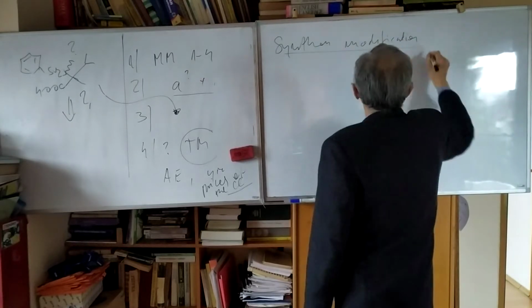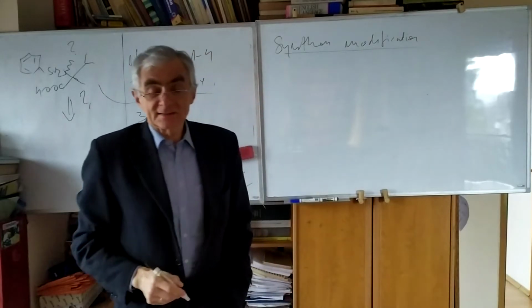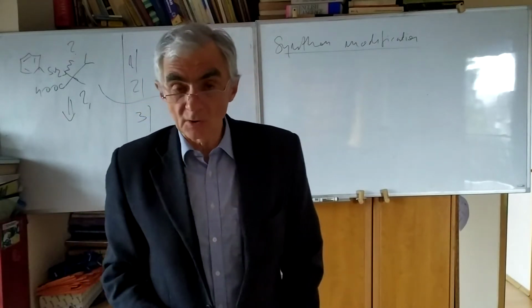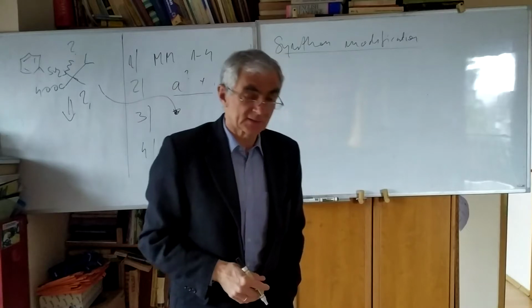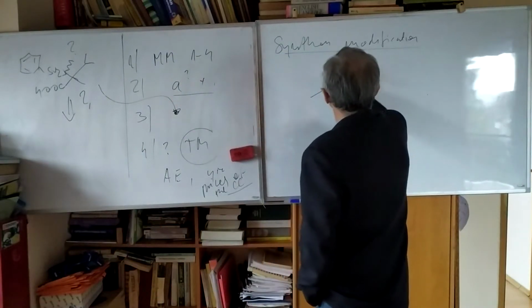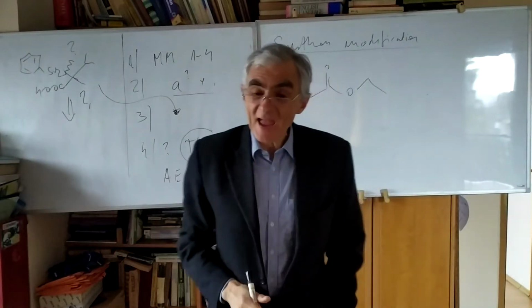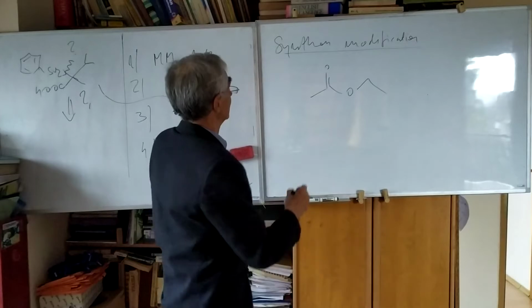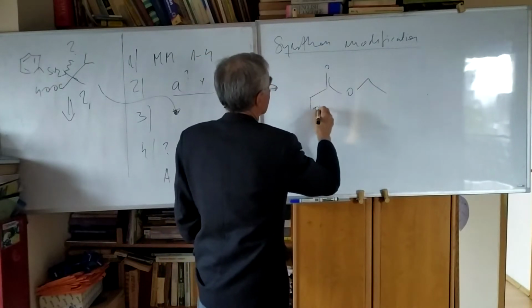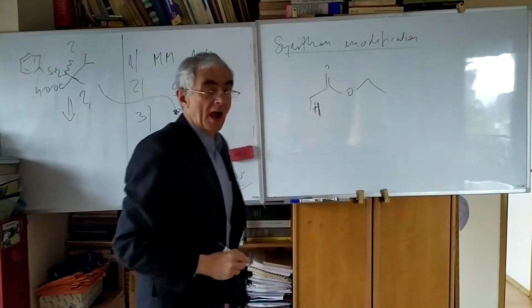So basically we discuss something like that when we are discussing in our third year course the synthesis of carboxylic acid. What we are using is the esters of carboxylic acids, which have this acidic hydrogen.